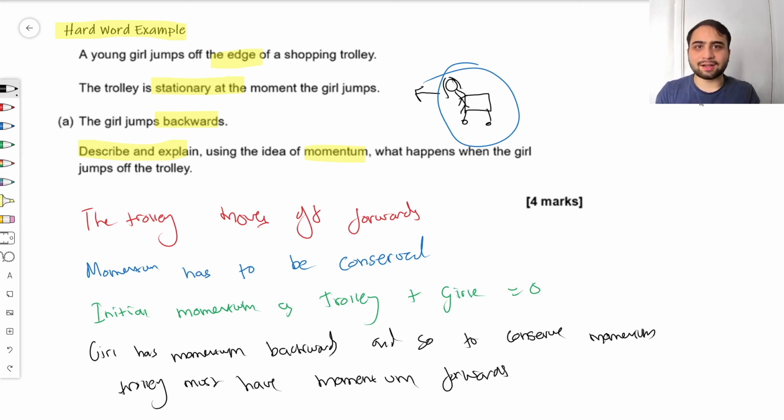And that makes sense, right? Because if you add a negative and a positive of the same value, that will give you 0. We will have the same values for momentum because momentum has to be conserved, so if we sum them up, we get back to our initial momentum. Remember, to conserve momentum, final momentum must equal initial momentum. So I hope you understand that now, and if you did, well done, because you can get 4 marks.